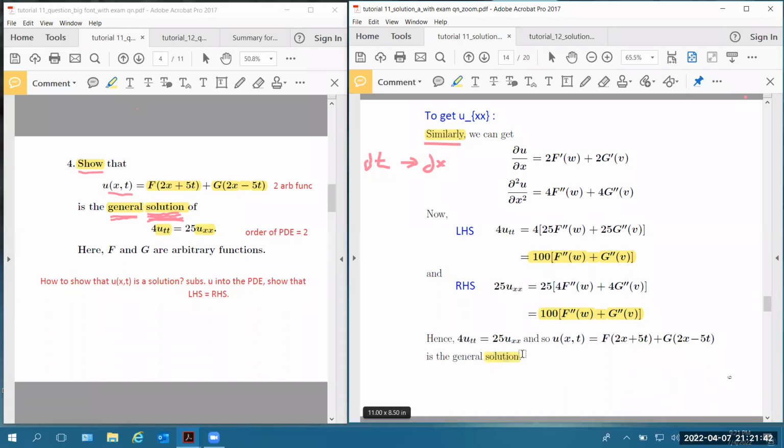All right, so left-hand side equal to right-hand side tells you that this U is a solution of the PDE. All right, and then just now I already explained to you, once you can show that it is a solution, that means it is the general solution. All right, why? Because it has 2 arbitrary functions. And then your PDE, the order is also 2. So coincide, right? So therefore, this solution is the general solution.